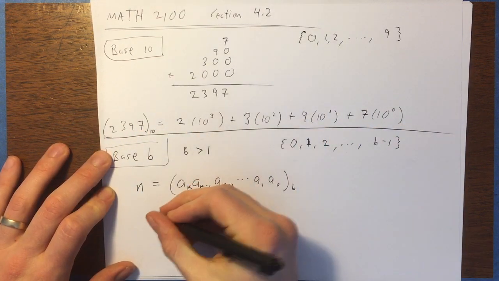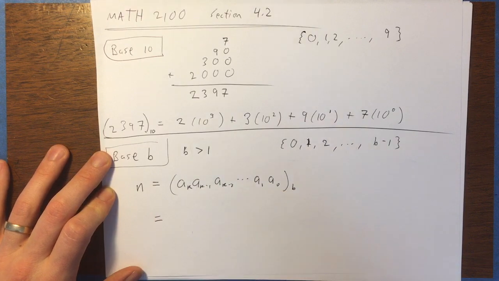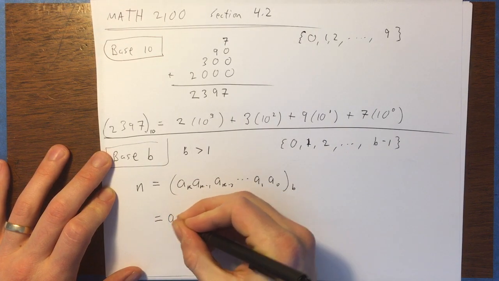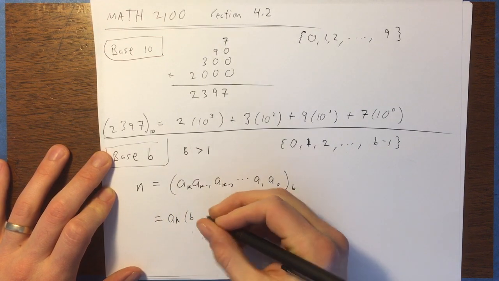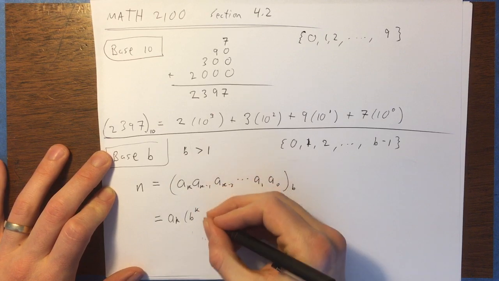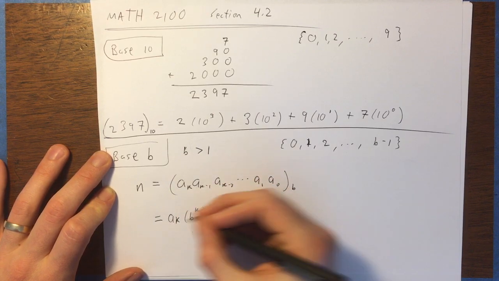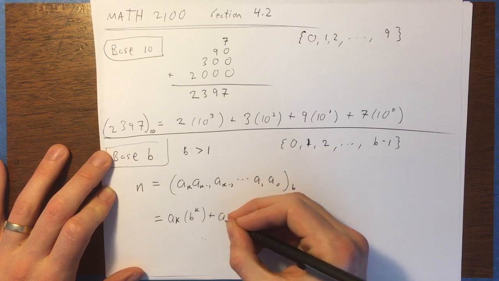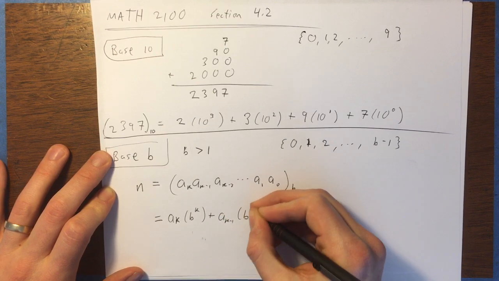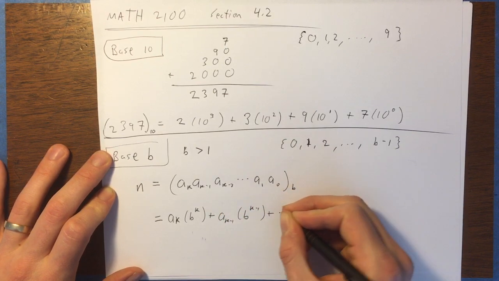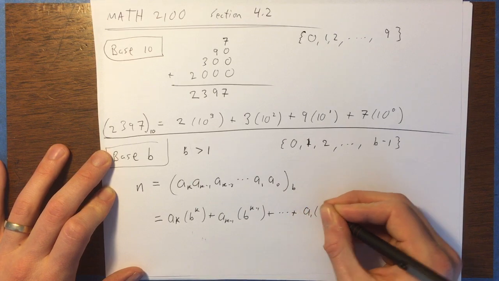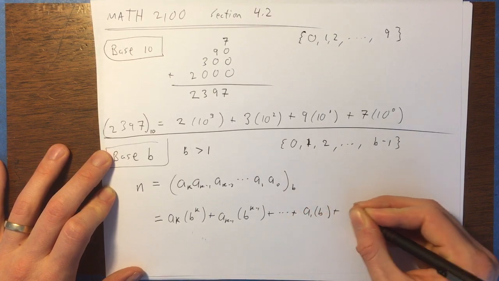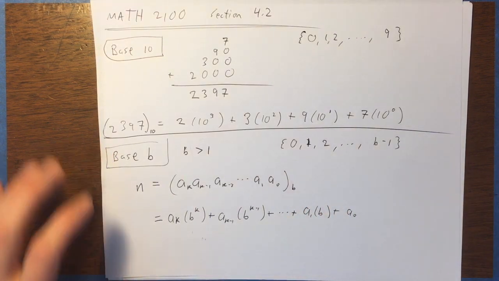If it's base B, then we should interpret this as A_K times B to the power K, plus A_{K-1} times B to the power K minus 1, plus all the way down to plus A1 times B to the power 1, and then plus A0 times B to the power 0.